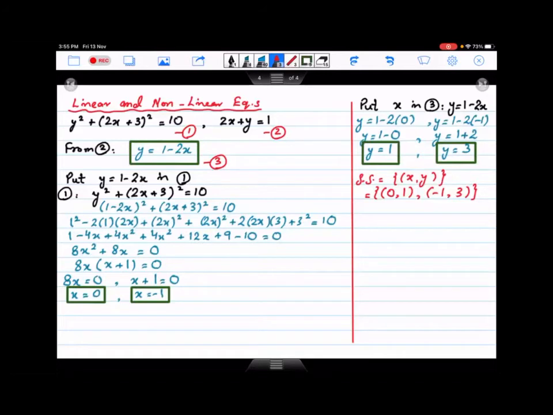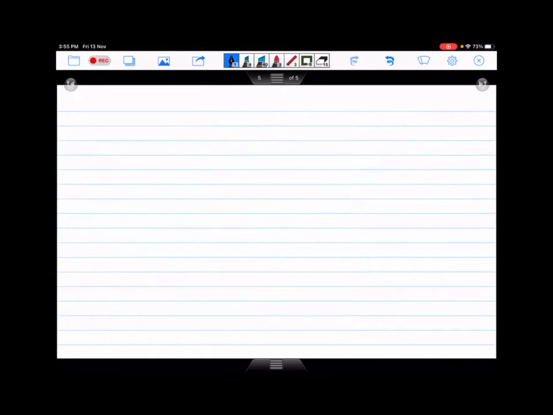Okay, so now moving on to the next example. We have a question: y minus x is equal to 3 and 2 upon x minus x upon y is equal to 1. So this is equation 1 and this is equation 2. We can take the value from equation 1 because it looks easier to me.